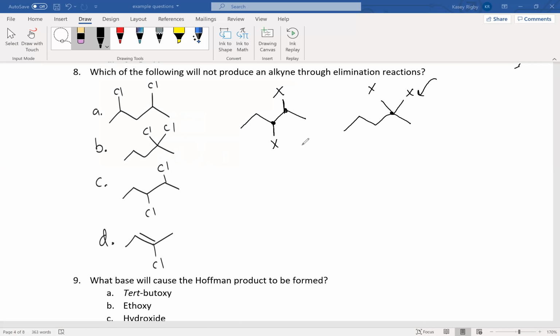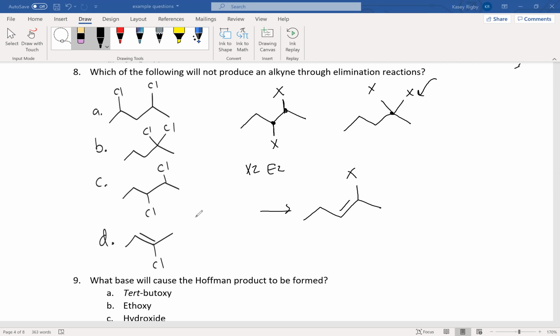And so vicinal and geminal dihalides will go through E2 twice to create an alkyne. Okay? That first step is going to make one double bond, and then one of the halogens is going to stay, and this is what D is. D has already gone through elimination once, it just has to do it again.